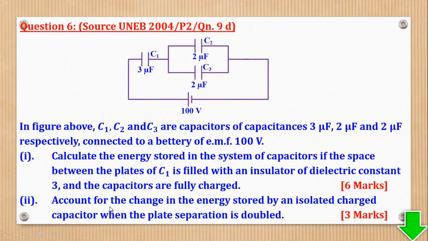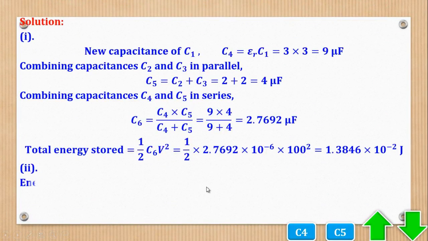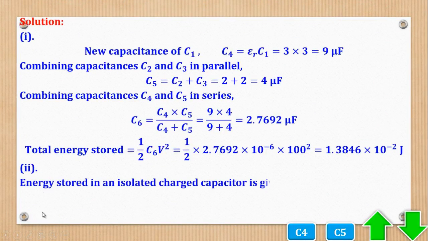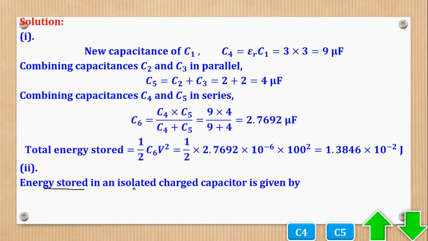Roman 2, they said, account for the change in the energy stored in an isolated charged capacitor when the plate separation is doubled. So here we need something like a derivation, so we shall say energy stored in an isolated charged capacitor is given by that.